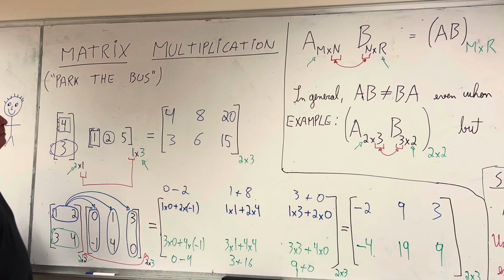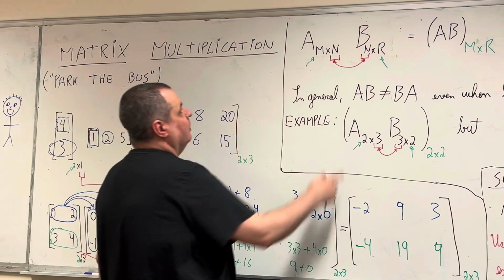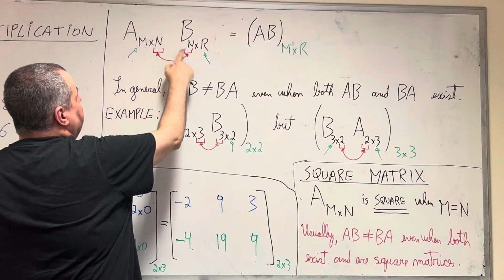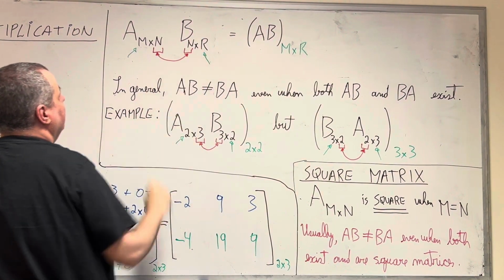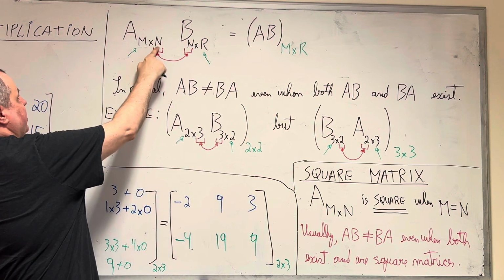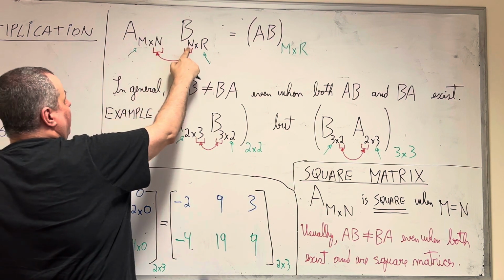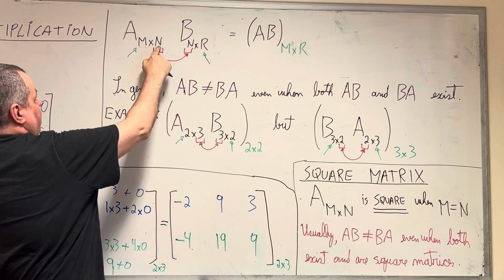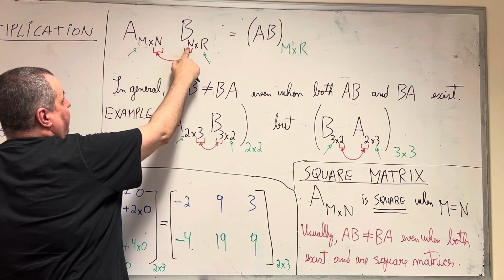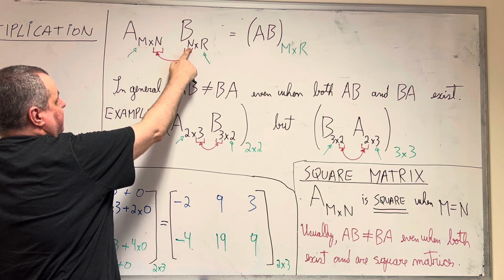Okay? Now, in general, if matrix A is m by n and matrix B is n by r, you can multiply because the number of columns of matrix A is equal to the number of rows of matrix B. The matrix on the left has the same number of columns as the number of rows of the matrix on the right.